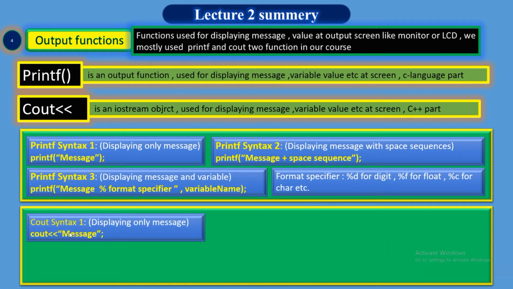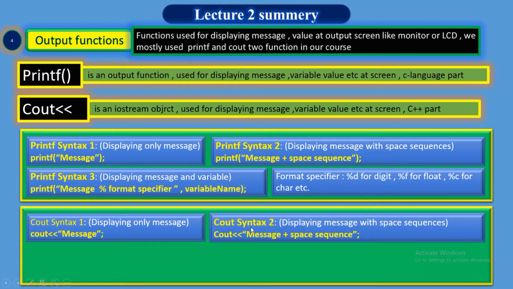While the syntax of cout, if we display only a message, write down the keyword cout, double angle bracket, in double quotation, message and terminator. Second syntax with escape sequences: cout, angle brackets, double quotation, message and escape sequences.